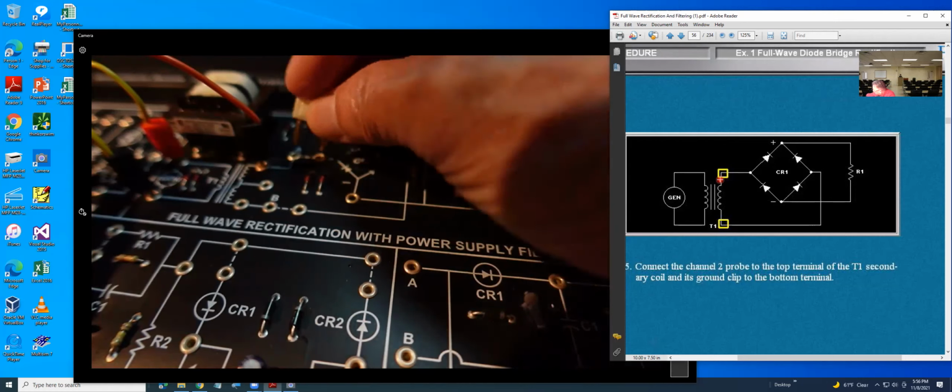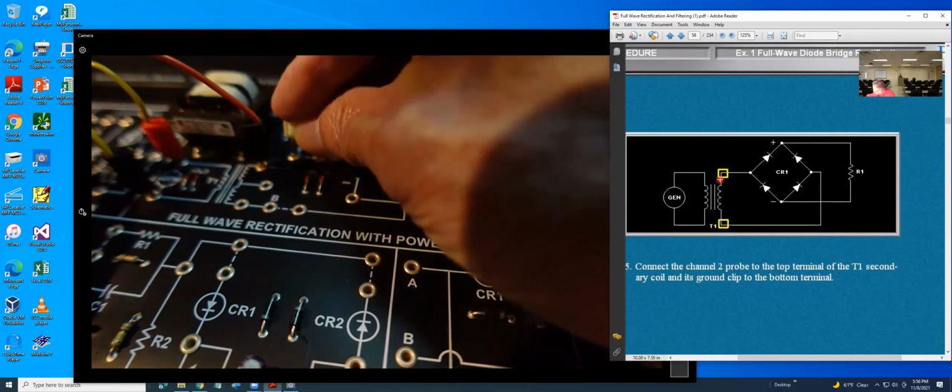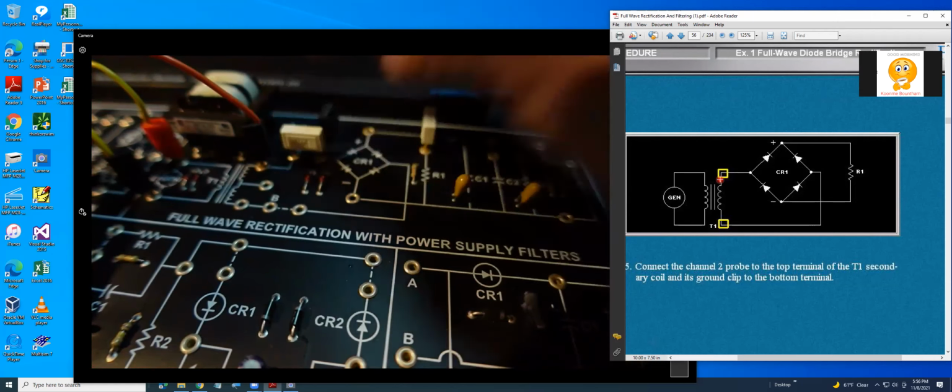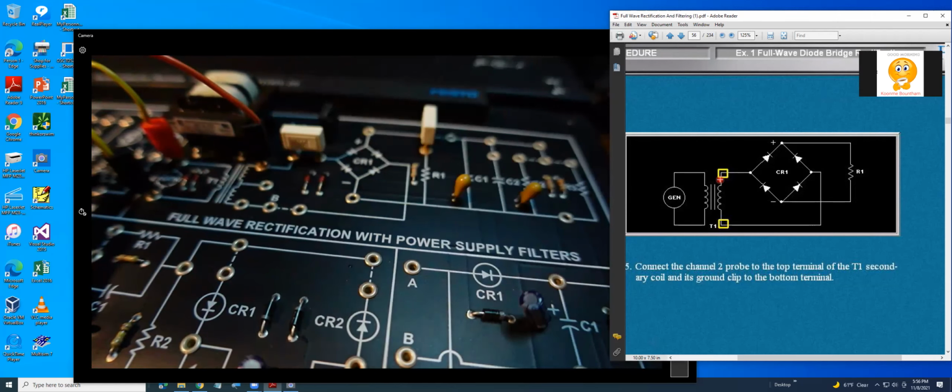Is it right here? Yes. Okay, so they can connect up the secondary to the circuitry.